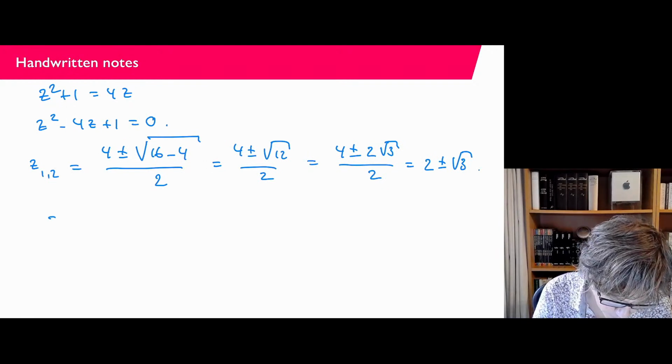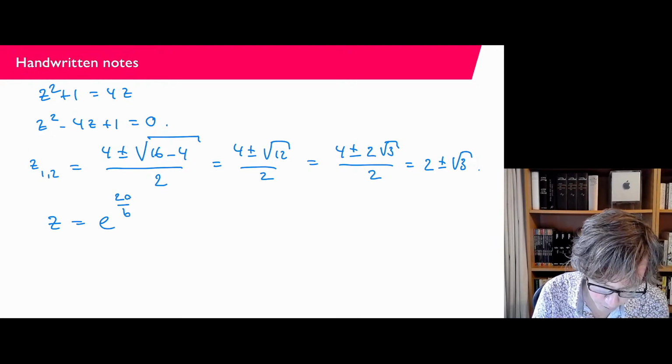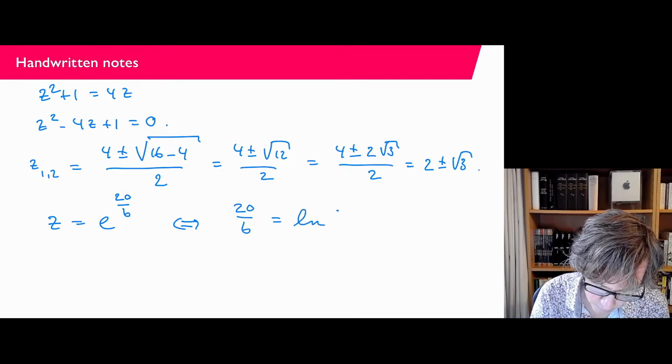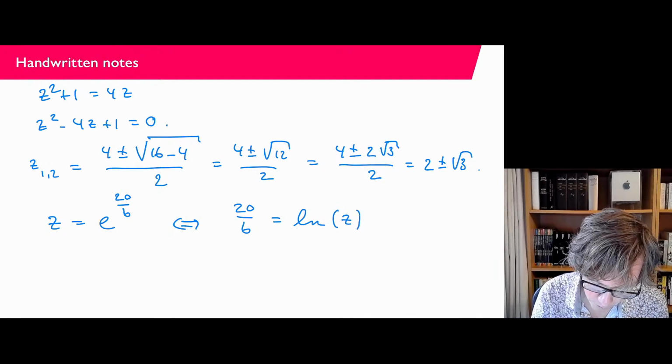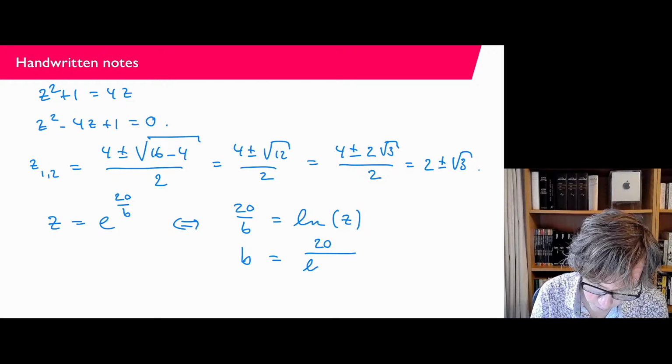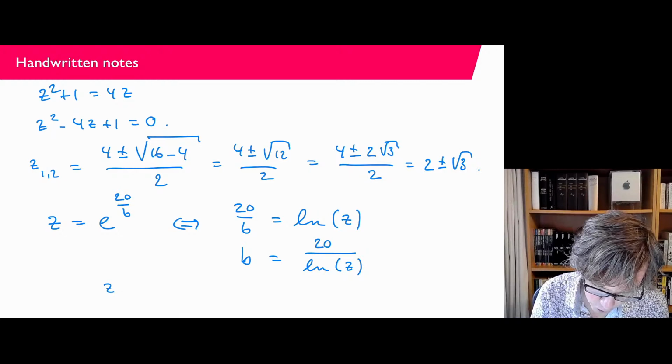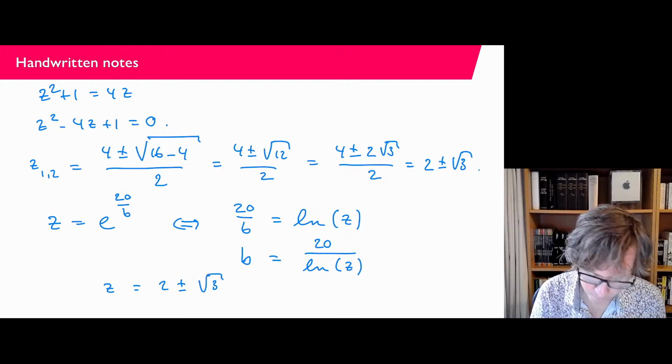So apparently z is the exponential of 20 over b. So that is the same as 20 over b is the ln of z. So that means that b itself is 20 divided by ln z. Now z is 2 plus or minus square root of 3.